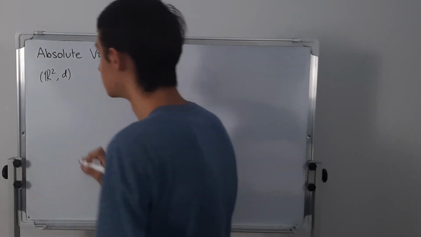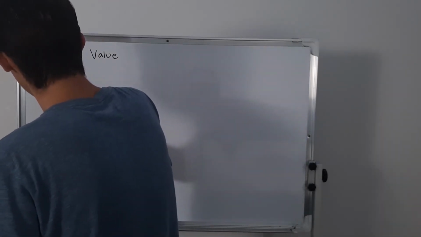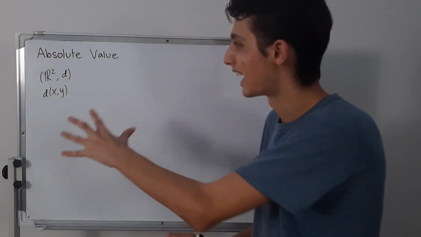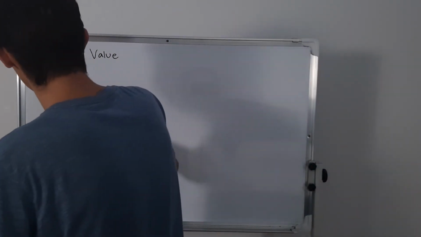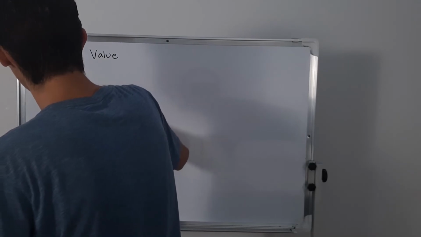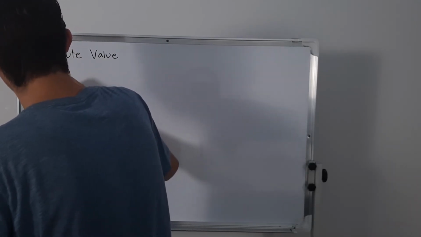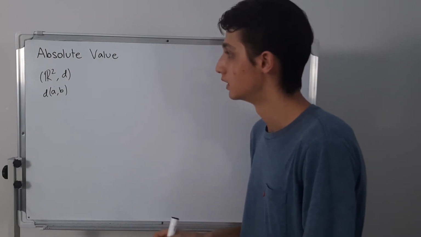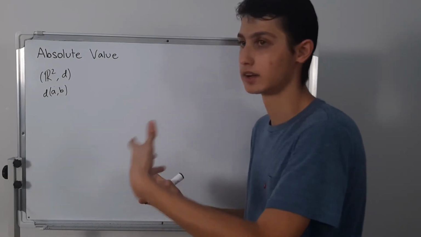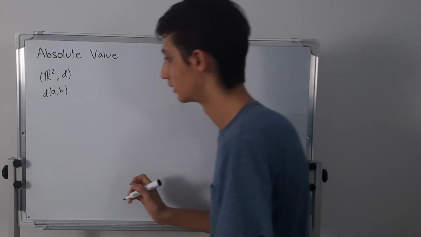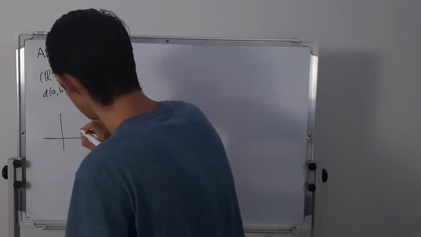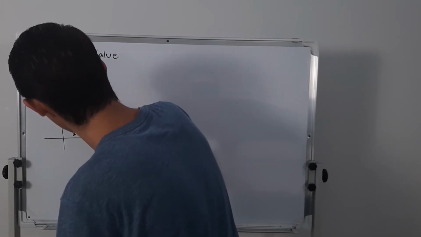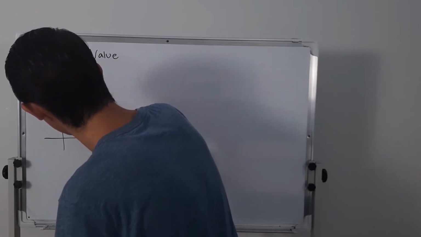And that distance function is going to be the distance between x and y. These are 2 points. Actually, I don't want to use x and y because that's going to be confusing with the coordinates. So I'll say a and b. So the distance between a and b, right? If we're dealing with 2 dimensions here, let's say a is over here, and then b is over here. Their distance is going to be this straight line.